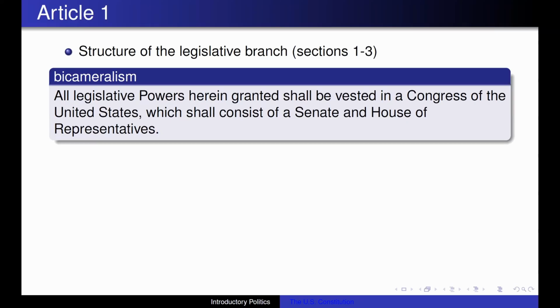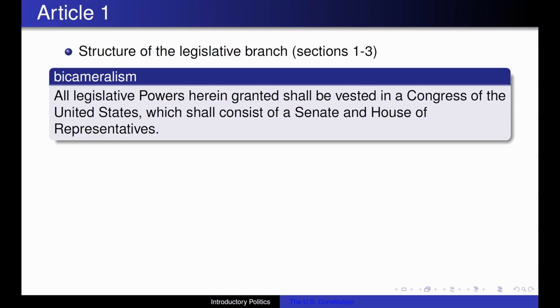There are certain advantages and disadvantages to having a bicameral legislature. That goes a bit beyond the scope of this particular course, but one example is that a bicameral legislature makes it more difficult for a bill to become a law, which means you need more support from more people, so it is harder for one smaller group of people to run the show.